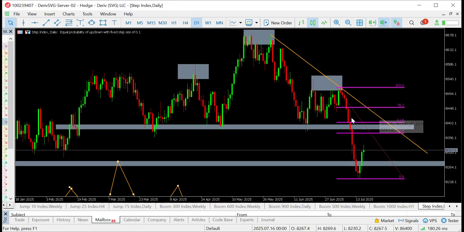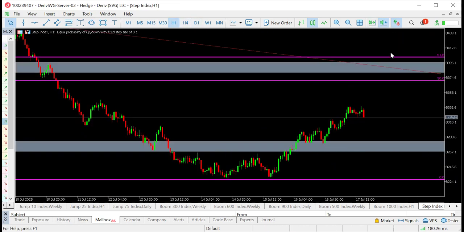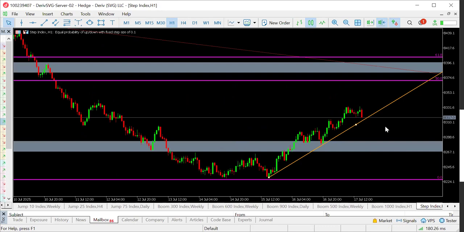Now, if I impute a counter trend line, let's go to the H1 time frame. So if price gets into this zone, and this is my counter trend line within the zone, once this trend line breaks and there's a retest, then I can take my sell trade.